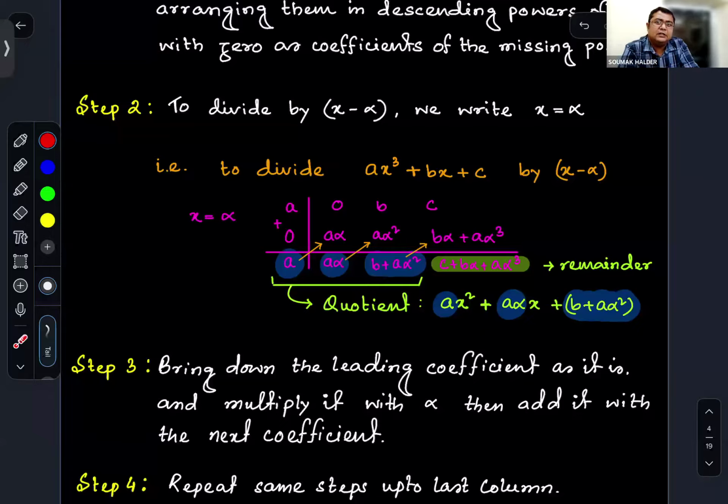Ahead of that, multiplication by alpha and addition. What is this? Normally যদি আমরা লং ডিভিশন মেথড করতাম, তাহলে আমাদের প্রাইমারি আইডেন্টিফিকেশন হতো ax কিউব কে x দিয়ে ডিভাইড করছো, what will be the quotient term? ax square.